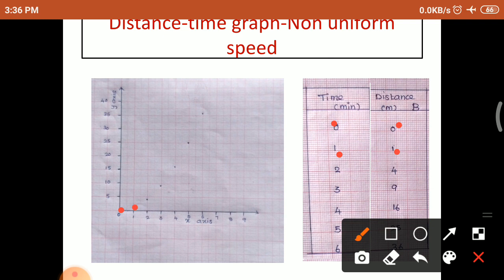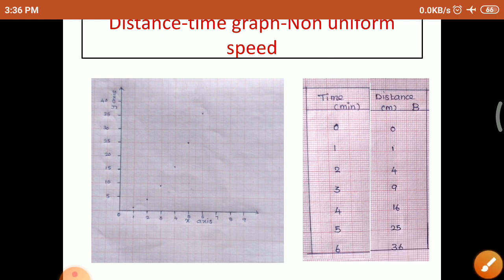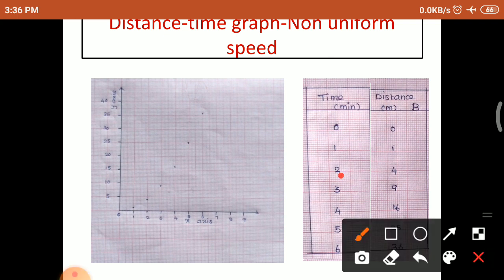You have to choose the values. Here the time is 0 to 6, so I wrote 0 to 6. Here the minimum value is 0 and the maximum value is 36. So I took 5, 10, 15, 20, 25, 30. So 2, 4. I marked 2, 4 and all the other readings. I get it like this.